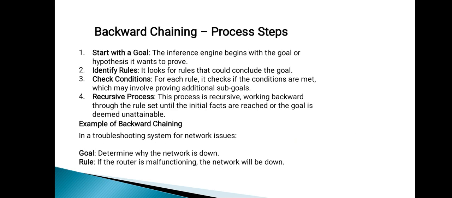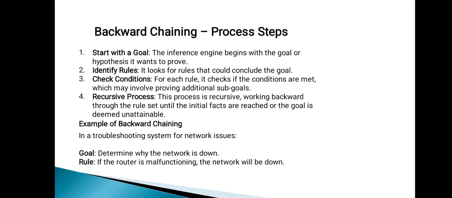Next, backward chaining process steps. The first step is the goal: start with the goal. The inference engine begins with the conclusion it wants to prove. The second step is identifying rules. It searches for rules that can prove the required goal. The third step is to check conditions. The system verifies whether all the conditions of the selected rules are true.